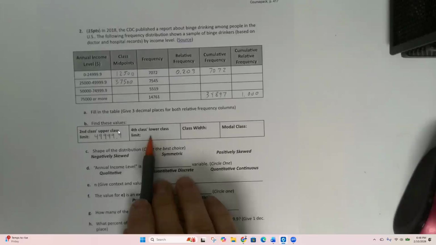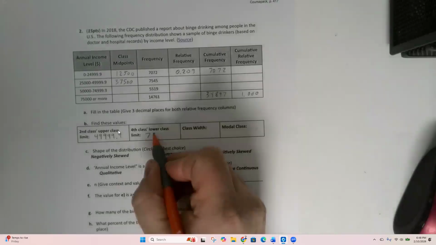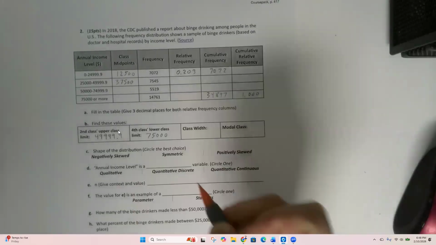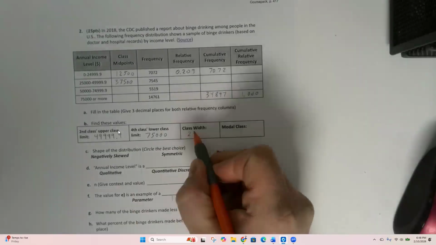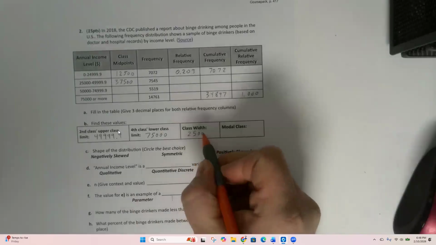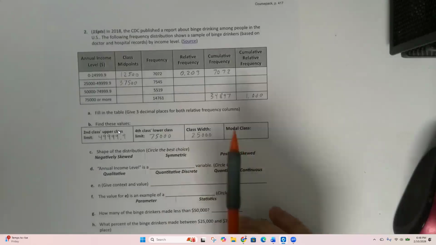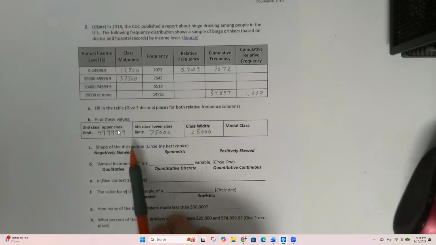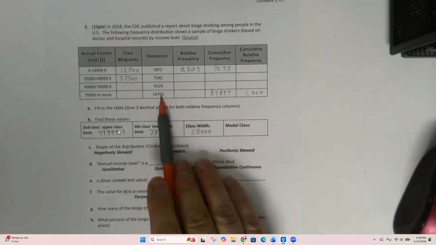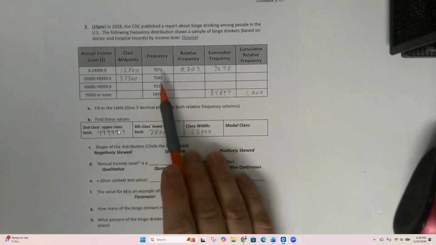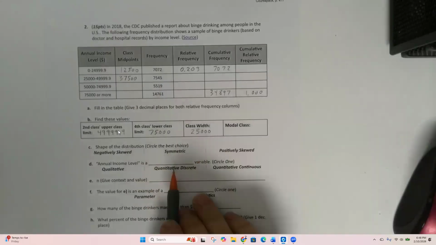Fourth class's lower limit is what? 75,000. Okay. Class width we calculated earlier, that's 25,000. All right, modal class. So what's the modal class here? You look at the frequencies, you find the one that's the biggest, and then you write down the class name of that.